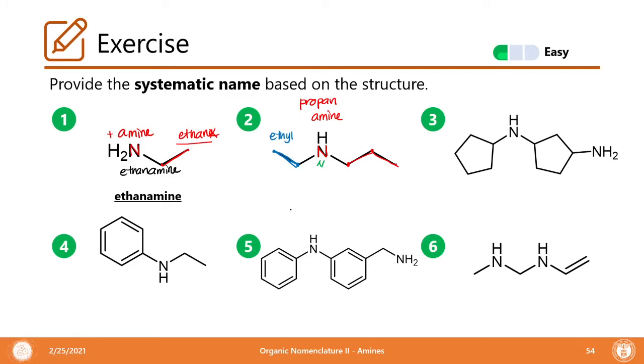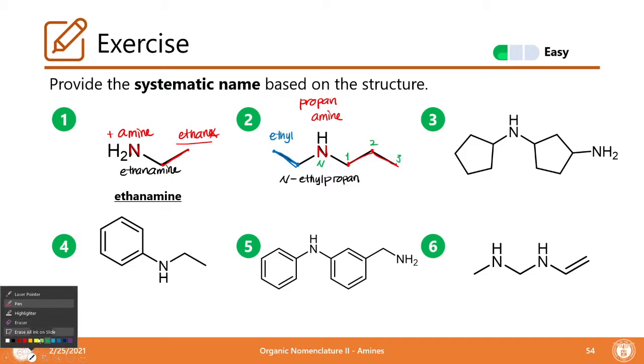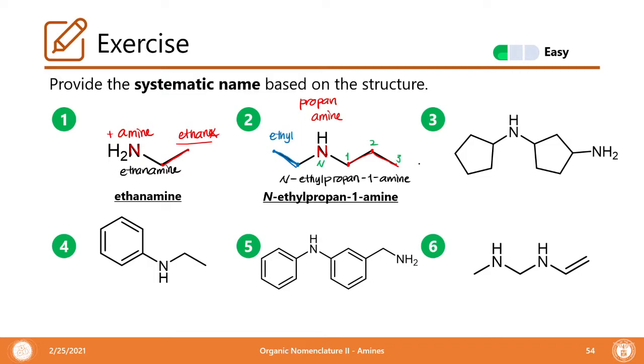And so we can assemble the name N-ethyl propan. Let's not forget, since we have a 3-carbon parent chain, we have to do numbering 1, 2, and 3. Propan-1-amine. And N-ethylpropan-1-amine.